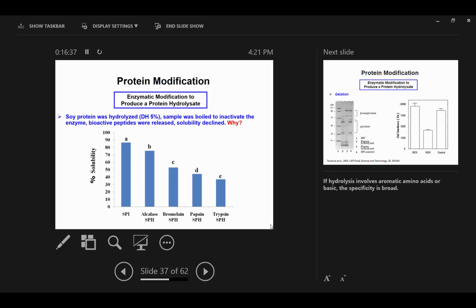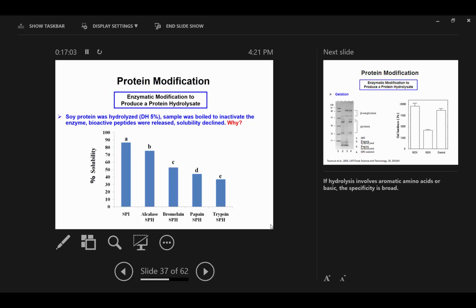Yeah. So the heat treatment that we had to use, some of these enzymes are really thermally stable, so we really had to boil for 5 to 10 minutes to ensure that the enzyme has been inactivated. But by doing so, we not only denatured the protein, but enhanced hydrophobic interactions and disulfide linkages. Heat enhanced these two.